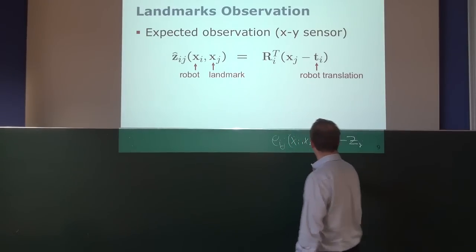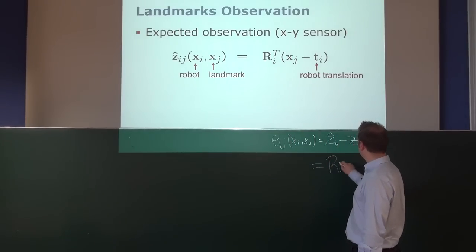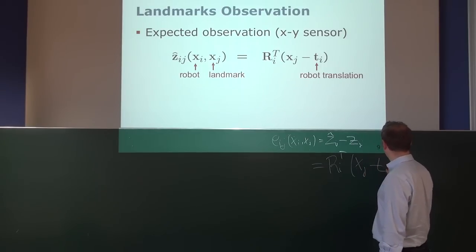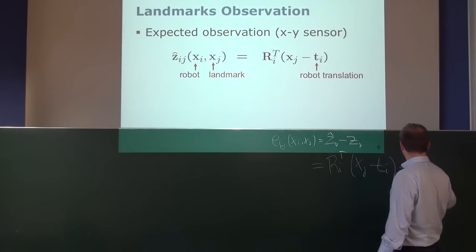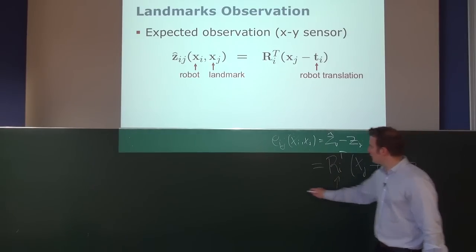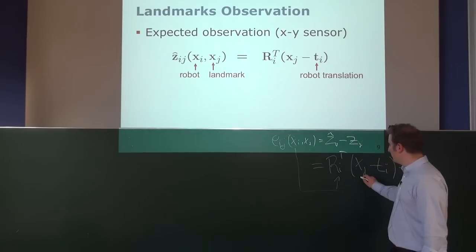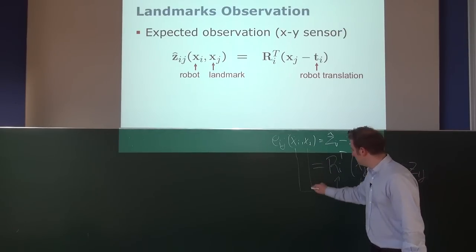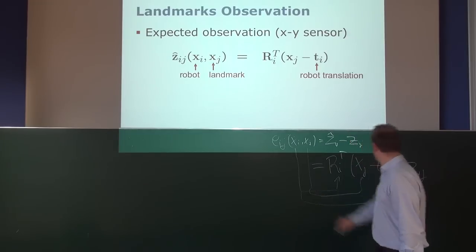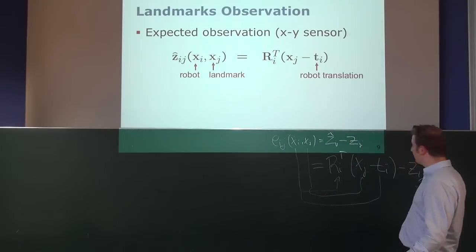So if I just write this down, this is straightforward. It's just R_i transposed times (x_j minus t_i) minus z_ij. And this is something which I directly compute from x_i. Here we have x_j. This also comes from x. And this is the expected observation that I know as well.